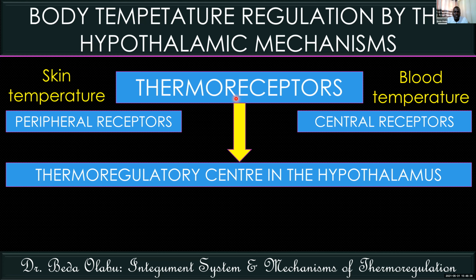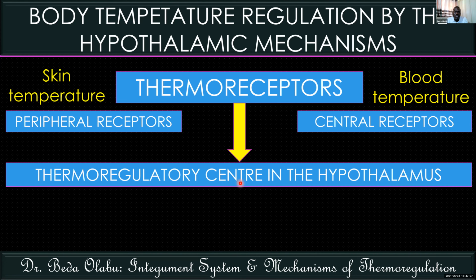These are centers within the hypothalamus that regulate the body temperature. So if the information going in through the thermoreceptors is different from the set point temperature in the hypothalamus, it will initiate mechanisms that restore that temperature to 37.0.